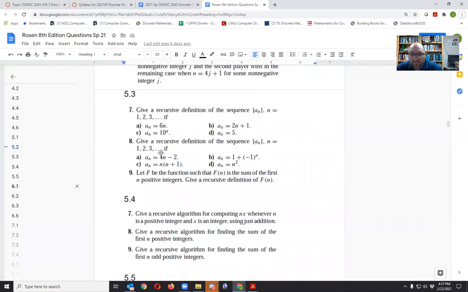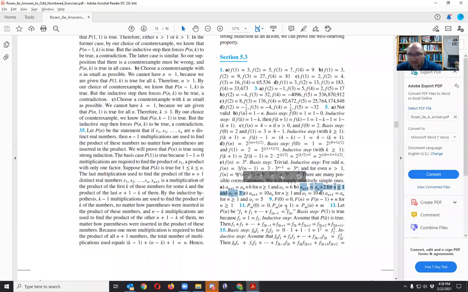Okay, so the next one, a sub 1 equals 10, and a sub n plus 1 is going to be equal to 10 times a sub n. So let's see, 10 times a sub n, a sub 1 equals 10.